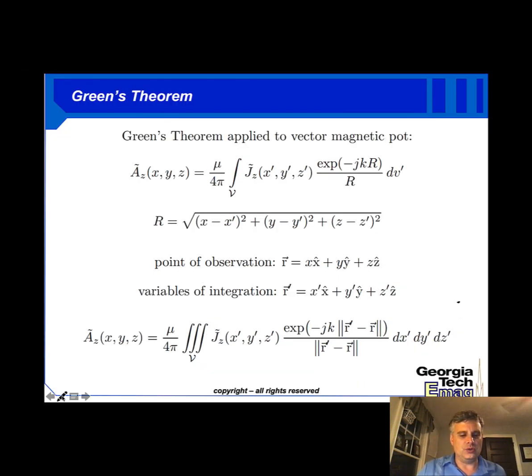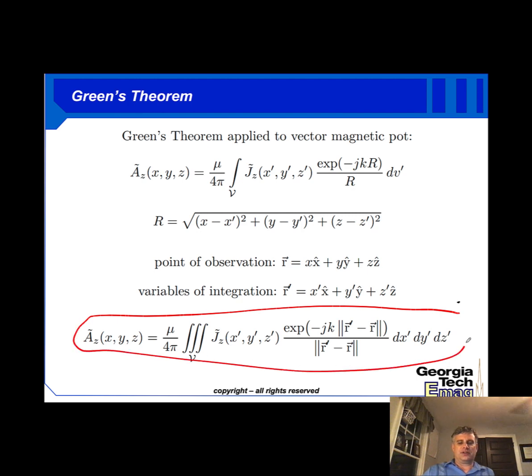What we're going to do in the next lecture is to go through and take a look at the simplest possible solution for this, which is the Hertzian dipole. That's where I only keep this J as a little delta function of current at the origin, oriented in the z direction. So I get z component vector magnetic potential.